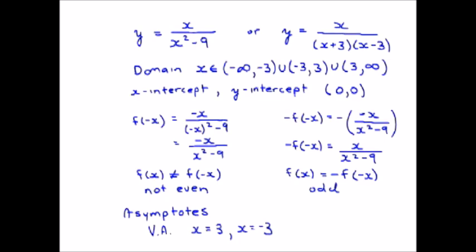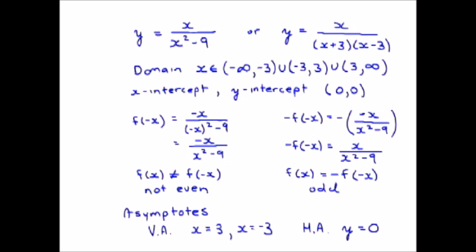So there are two vertical asymptotes. The horizontal asymptote in this particular case will be y equals 0. The reason for that is that the numerator is of lower degree, because it's a linear expression, than the denominator, which is a quadratic expression. So when the numerator is of lower degree than the denominator, my horizontal asymptote is at y equals 0.